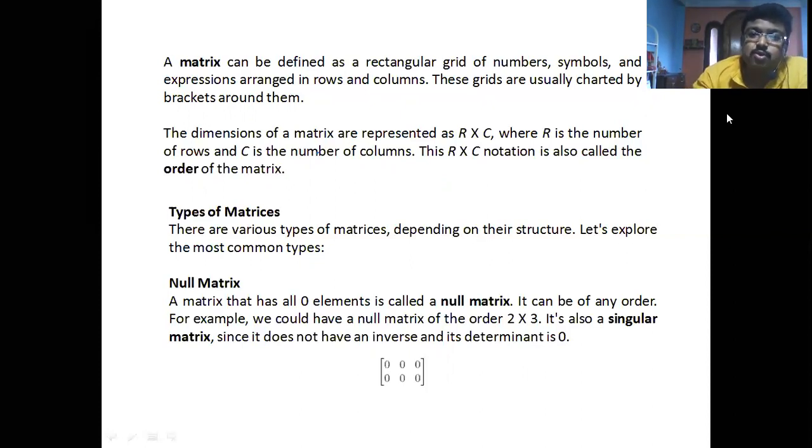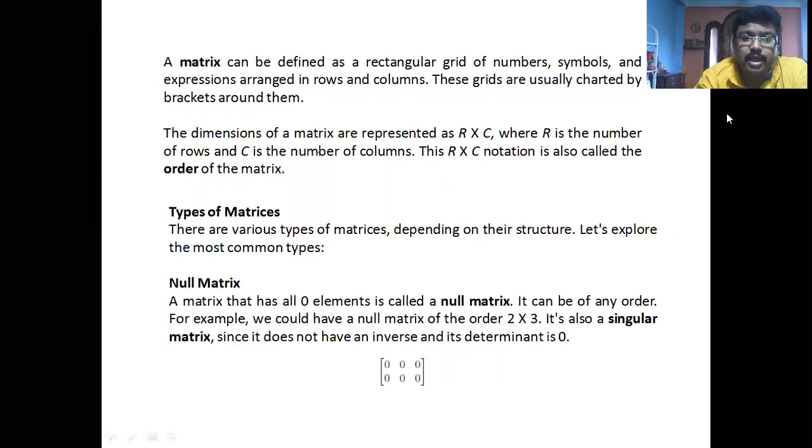These grids are usually enclosed by brackets around them. Okay, this is the matrix I have mentioned, and I have gathered some information and kept all this information in a grid, within brackets around them. And I hope you got the point.